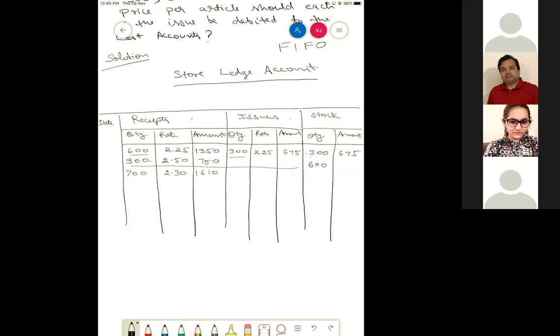So the total amount would become 1425. Am I correct, Pratyush? Yes, sir. You got it? From where we have taken 675 and from where we have taken 750, you add it.